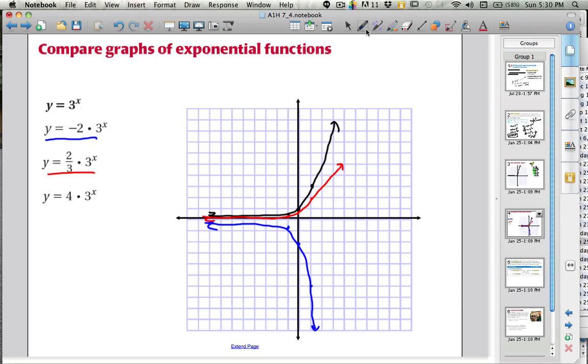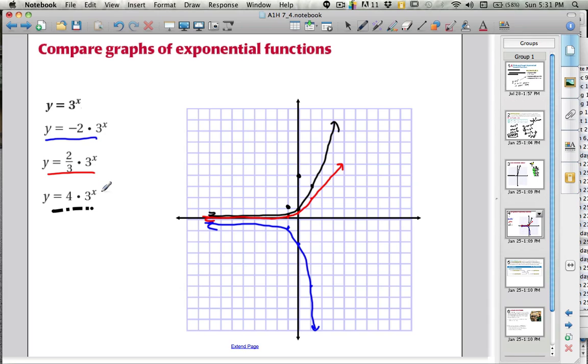And you're going to see that here with, we'll use a dotted line on this one, when it's 4. So at -1, I'd have 1/3 times 4 is 4/3, so that's 1 and 1/3. It's all the way up here now. And when I'm at 0, 3 to the 0 power is 1 times 4 is 4, so 1, 2, 3, 4, so it's way up there.